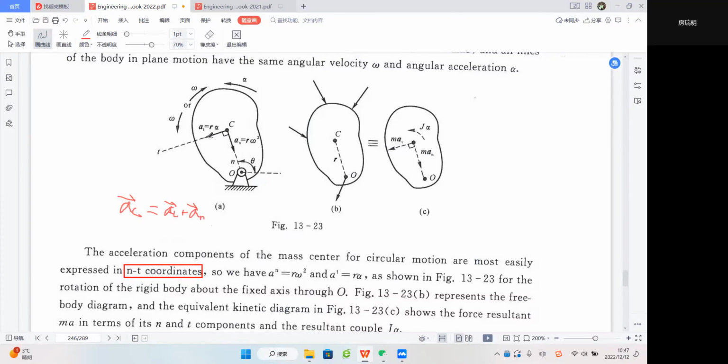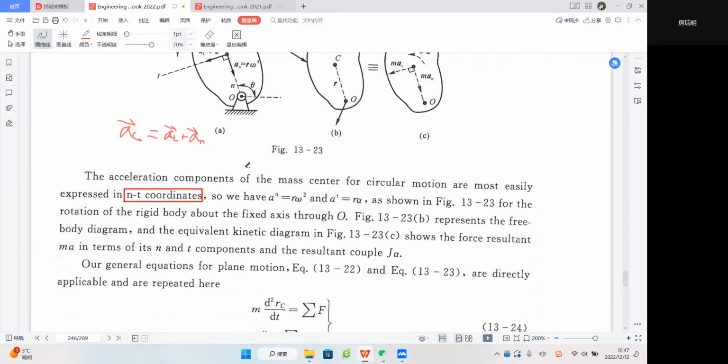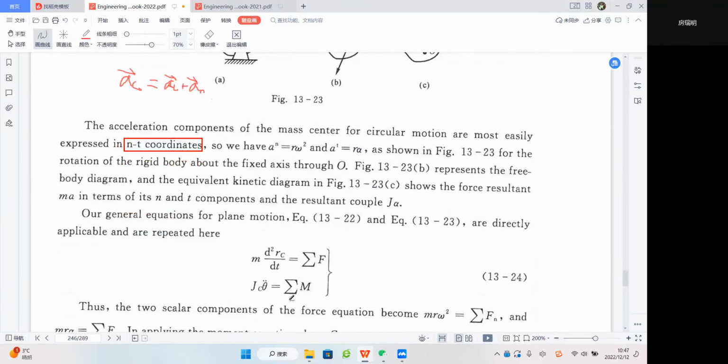So we have AT here, we have AN here. Then we can give its equations. So we have d squared rC over dt squared means actually the M AC. So actually this is the principle of momentum about mass center C, the so-called 质心运动定理.